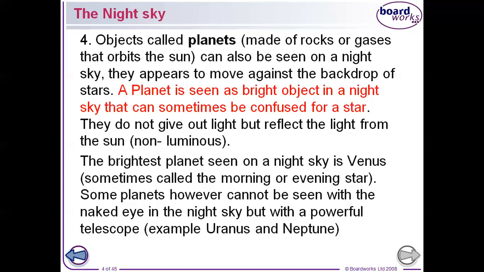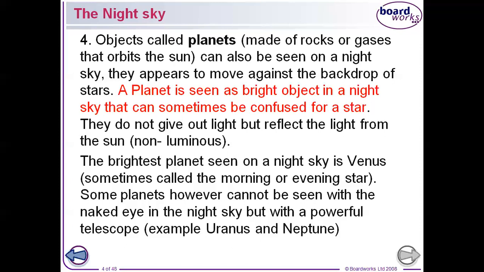Now they do not give out light on their own, like the sun. So they are referred to as non-luminous objects. The brightest planet seen in the night sky is actually Venus, which is called morning or evening star. Some planets, however, cannot be seen with the naked eye because of their distance from us.